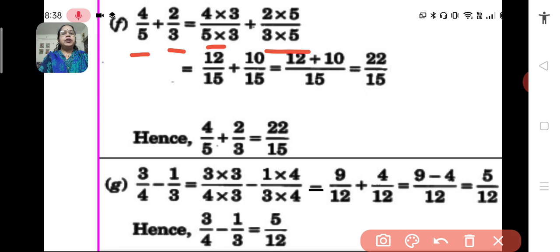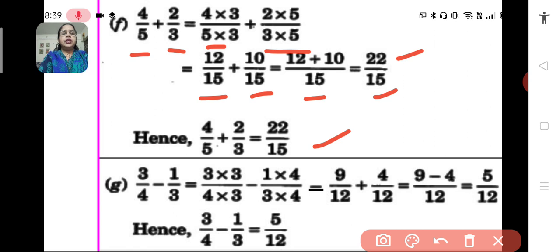We get 12 upon 15 and 10 upon 15. Now, when we add the numerators and take the common denominator 15, what do we get? 12 plus 10 becomes 22 and the denominator is 15. So, we get 22 upon 15. So, 4 upon 5 plus 2 upon 3 is 22 upon 15.